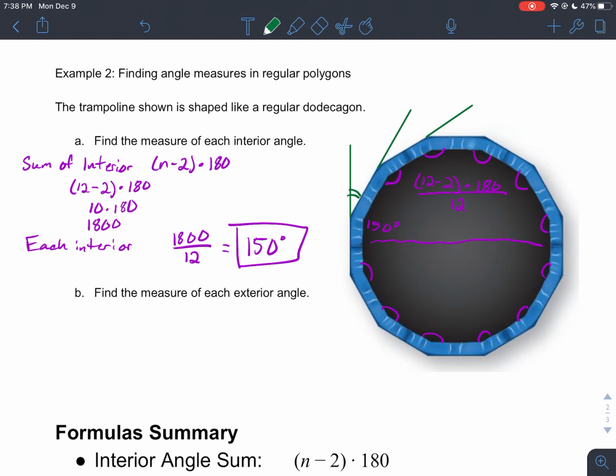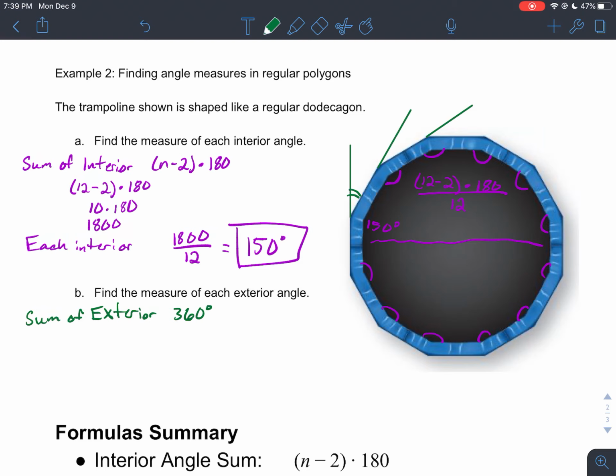So I have two options here. First option is I know that the sum of the exterior angles is 360 degrees.